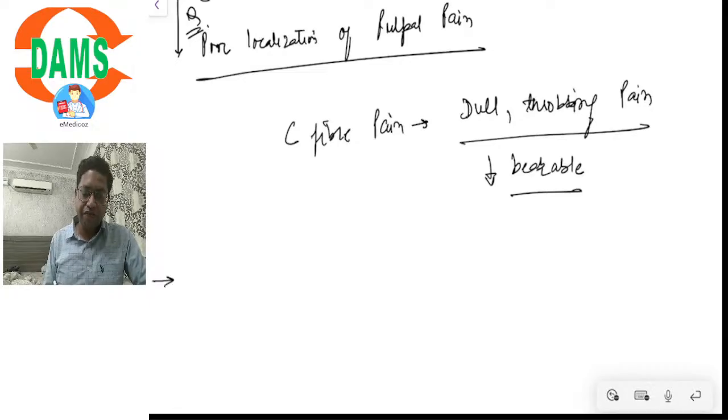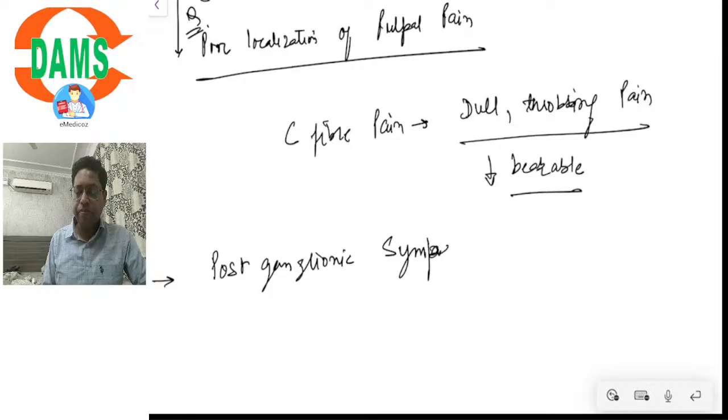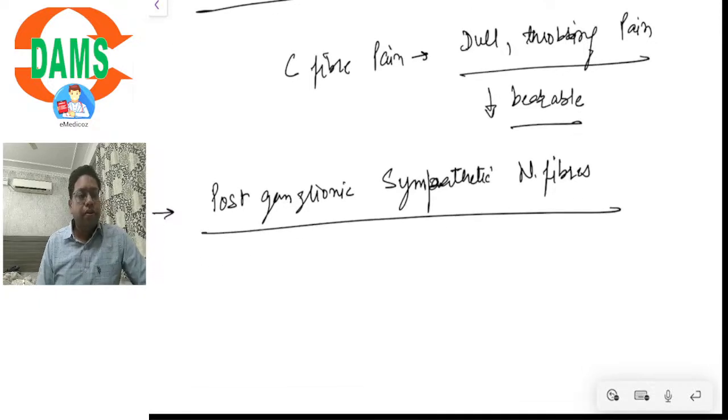Now, apart from sensory fibers, the pulp also consists of postganglionic sympathetic nerve fibers. So if the question is asking about the innervation of pulp, it would be both types of sensory fibers we have seen, and postganglionic sympathetic nerve fibers.